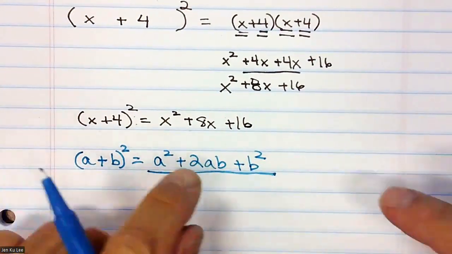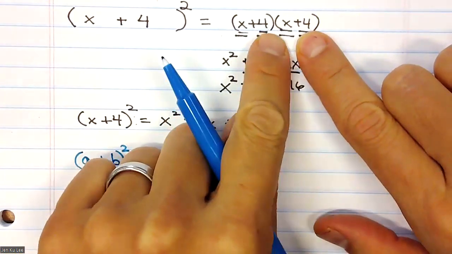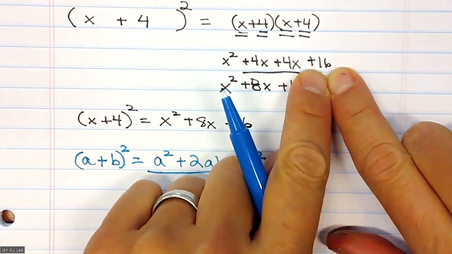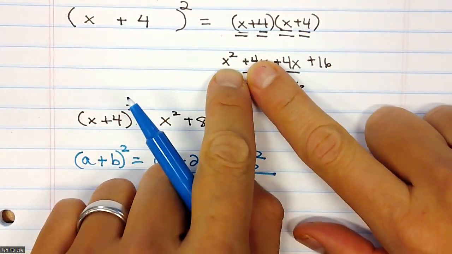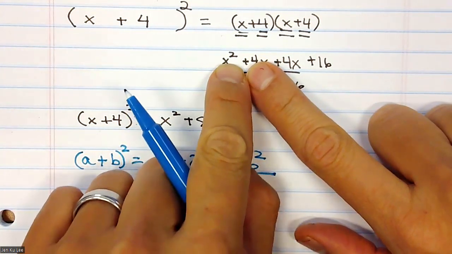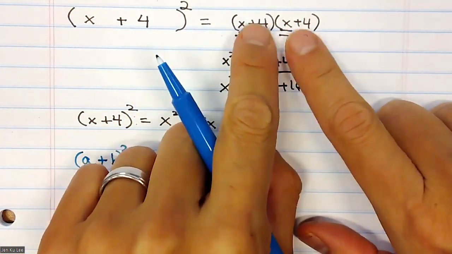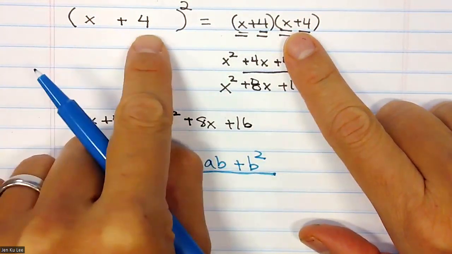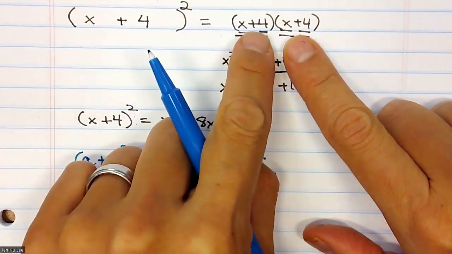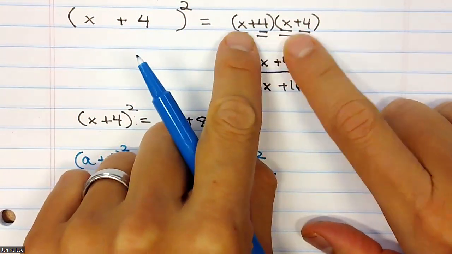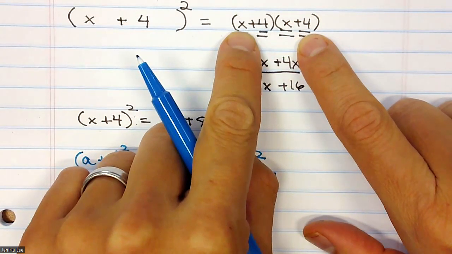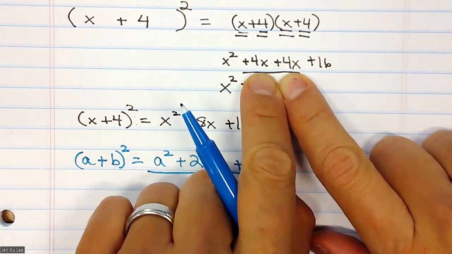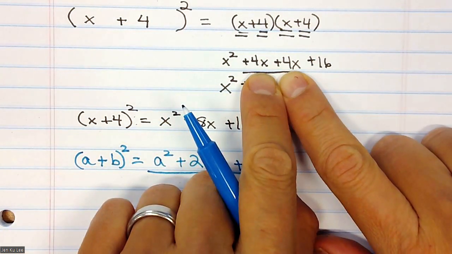Okay, notice that 4 times 4, we got 16, right here. X times x, we got x squared here, right? And if it's the same binomial, x plus 4 quantity squared, 4 times x and x times 4, the outer and the inner of FOIL, is going to produce the same number, right?